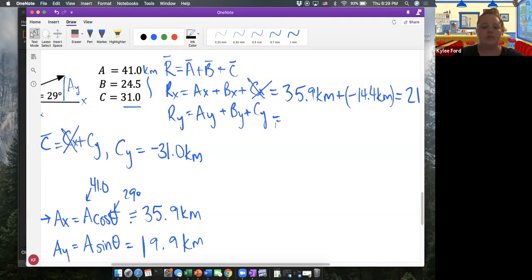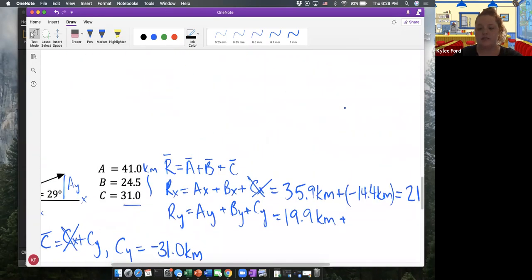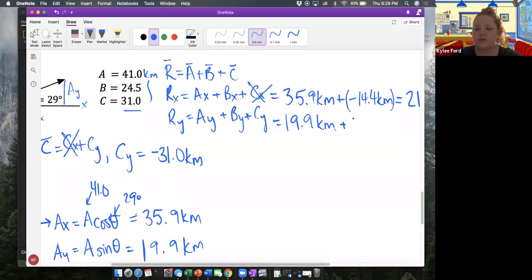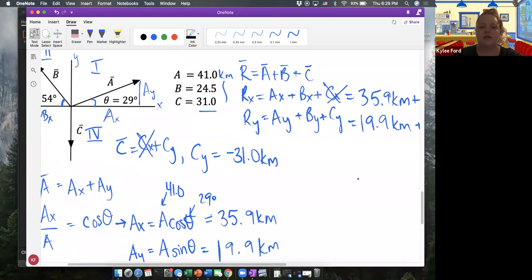Okay, so we'll do the exact same thing for ry. So ay we solved for as 19.9 kilometers. Our by we solved for as 19.8 kilometers. And our cy we know is 31 kilometers, but again, it's in that negative direction.